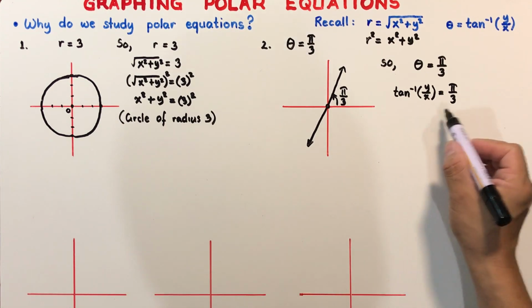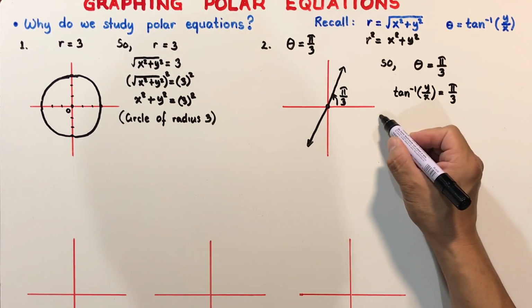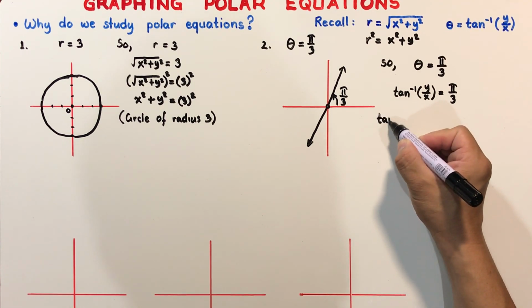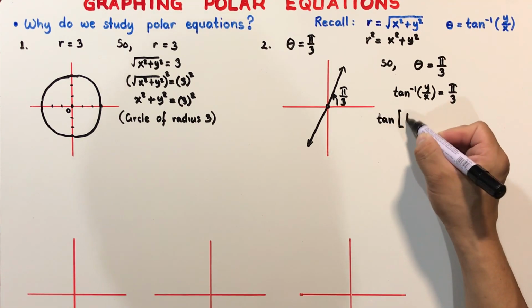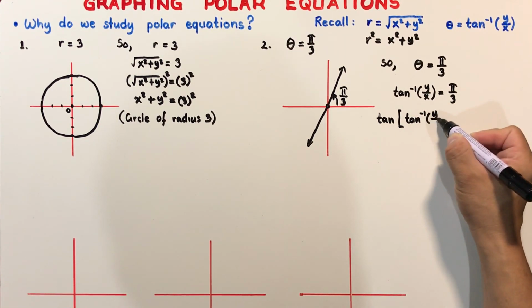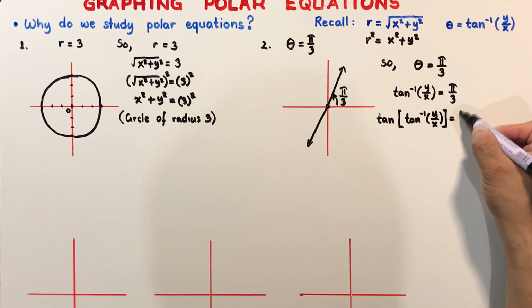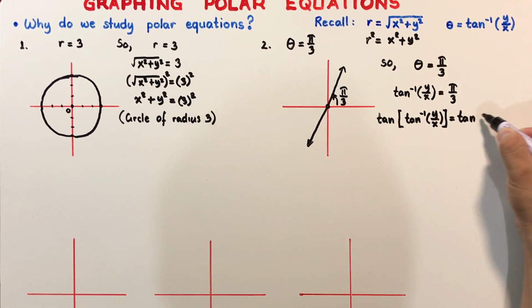And if I take the tangent function of both sides of the equation, I will have the tangent of the arctangent of y over x, and I will also take the tangent of the right side, which is pi over 3.